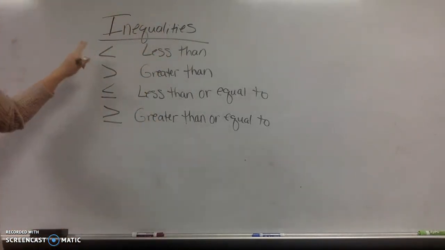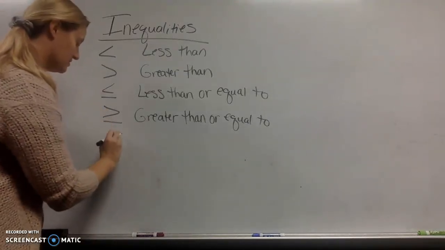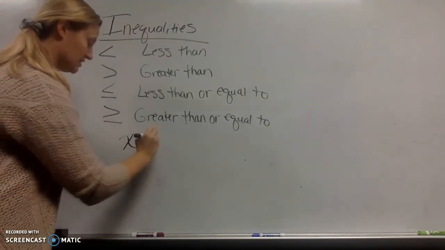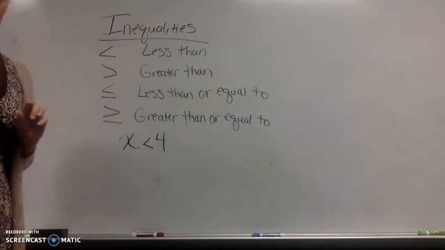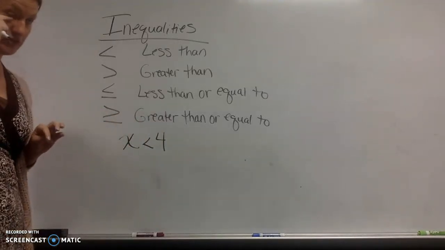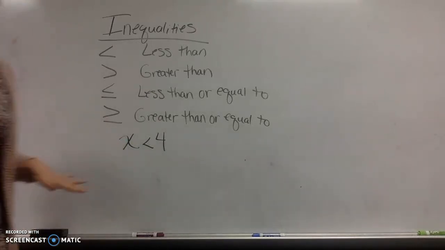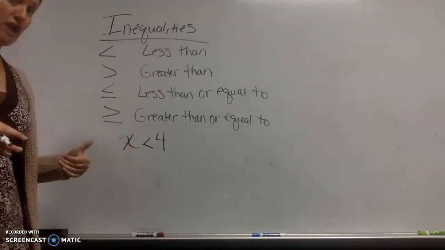So let's talk about the difference between less than and less than or equal to. If I say X is less than 4, and I ask you to give me all possible numbers that would work, well, first of all, you can't list all possible numbers. There are infinitely many, because we can go into the negatives, we can do decimals, we can do fractions.